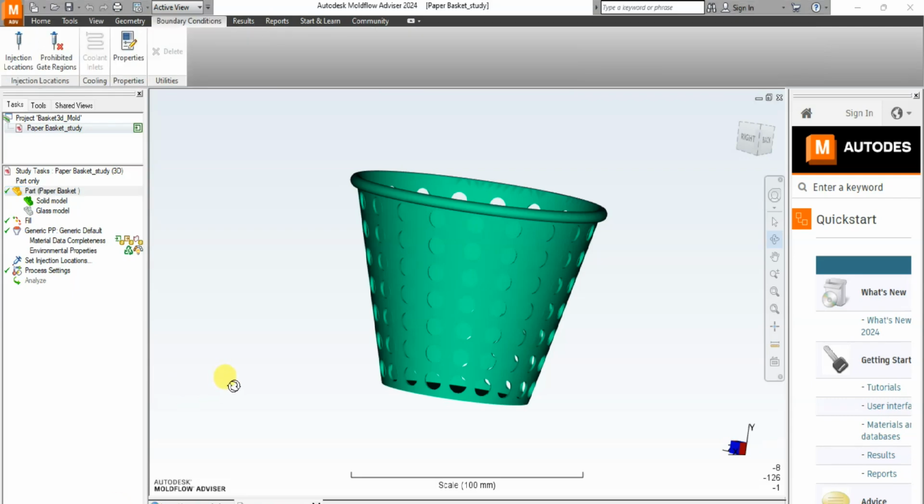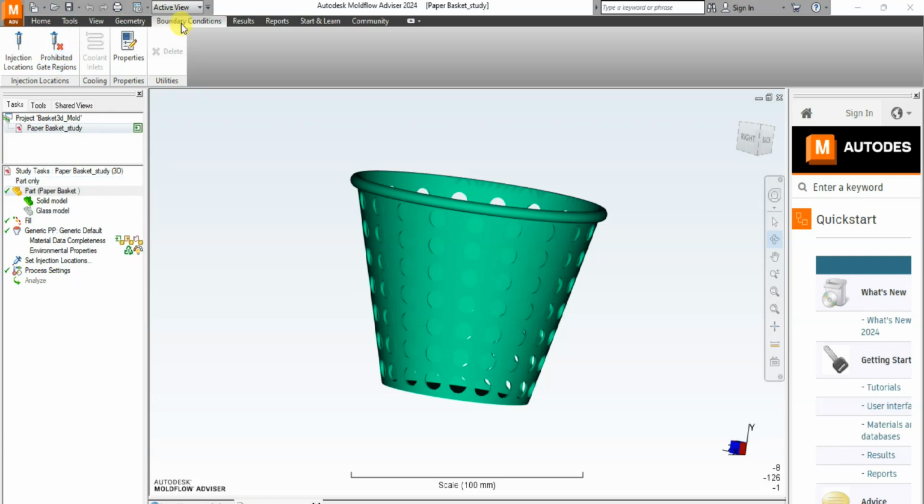Now, before we do anything further, we need to set the injection locations, and in order to do that, you can actually come to these boundary locations and select this particular menu here, or you can just come to this place and select this particular menu, which is the same function as this at the top here.